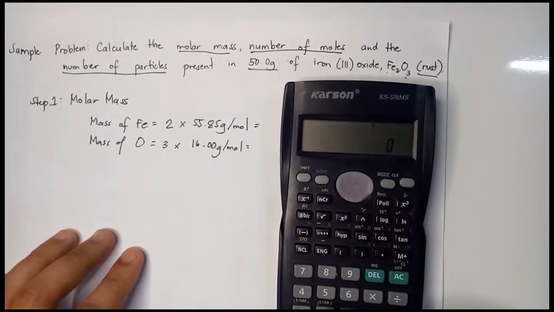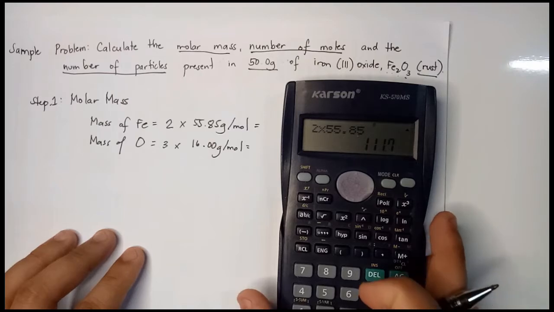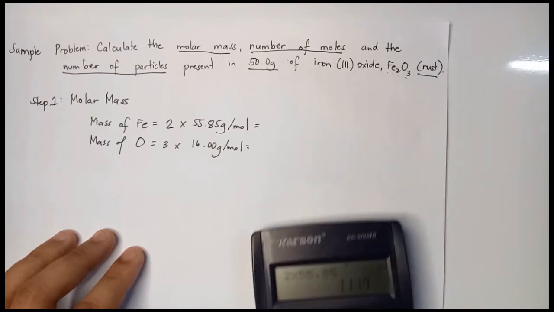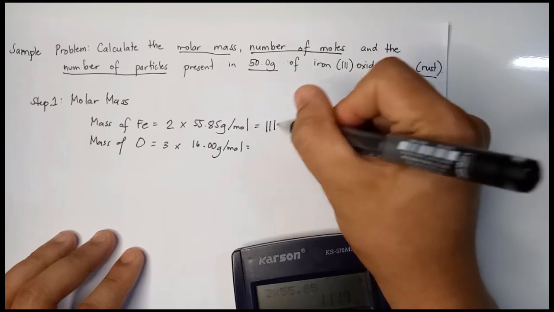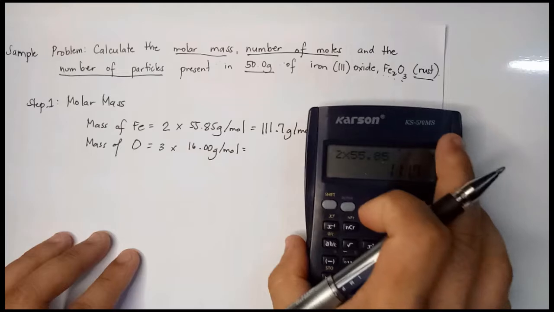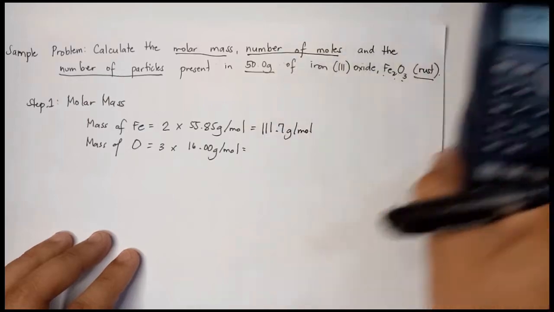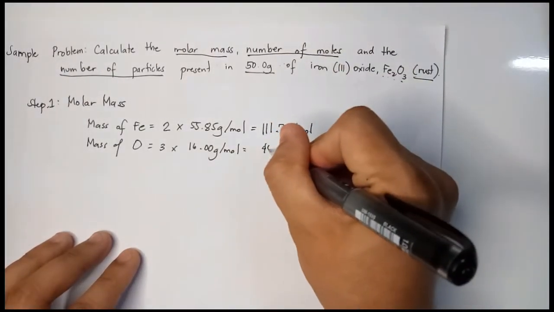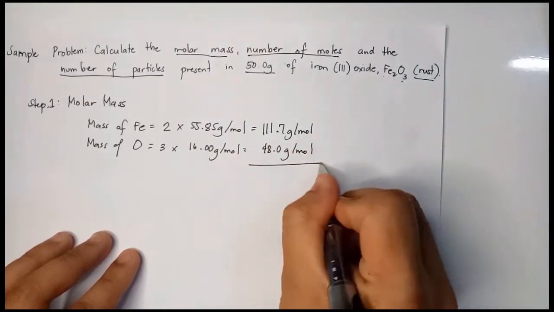So, we have 2 times 55.85 is equal to 111.7 gram per mole. Kay oxygen naman, we have 3 times 16, we have 48 gram per mole. Now, let us add.